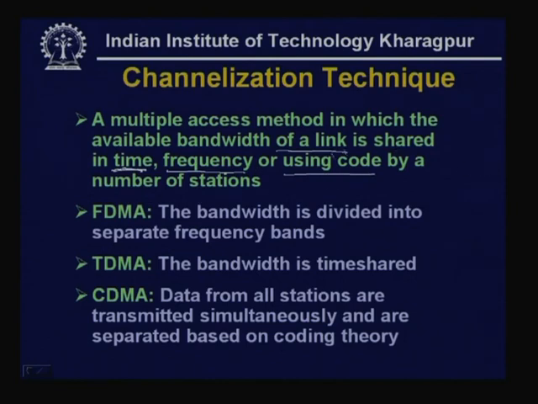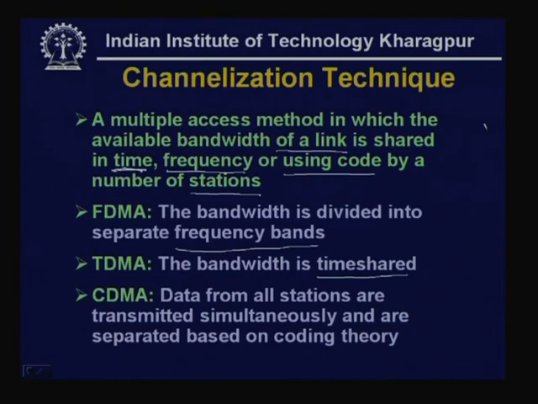So, these three alternatives, sharing in time, sharing in frequency, sharing using code, have led to three different approaches. FDMA, where the bandwidth is divided into separate frequency bands, and then different frequency bands are used by different stations. Then TDMA, where the bandwidth is time shared, that means at different instants of time, different stations use the medium.